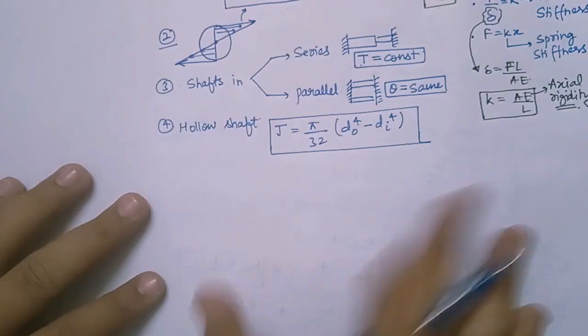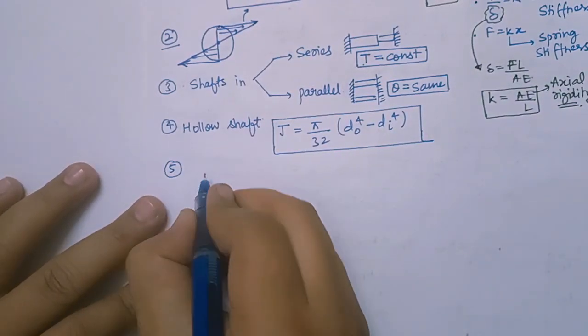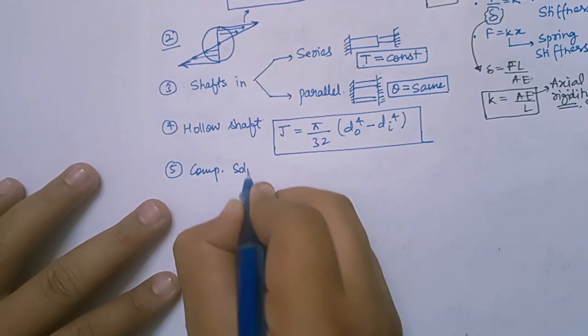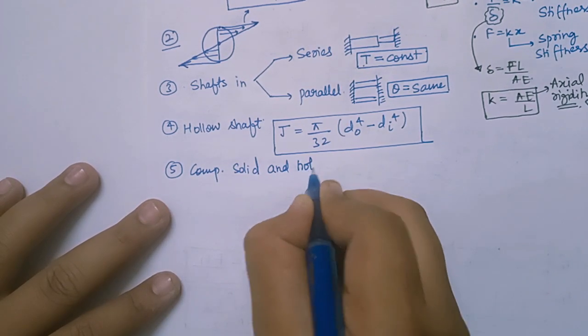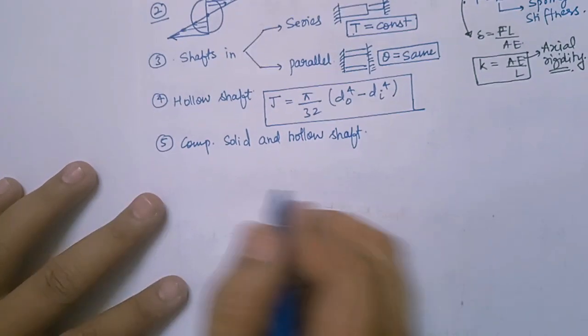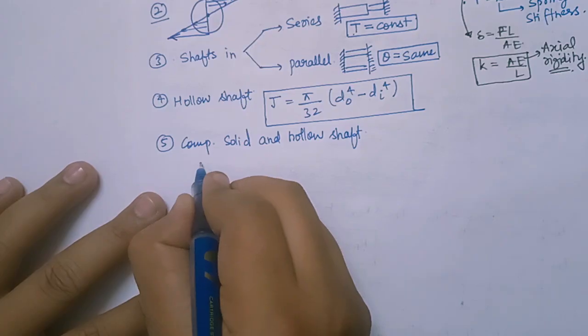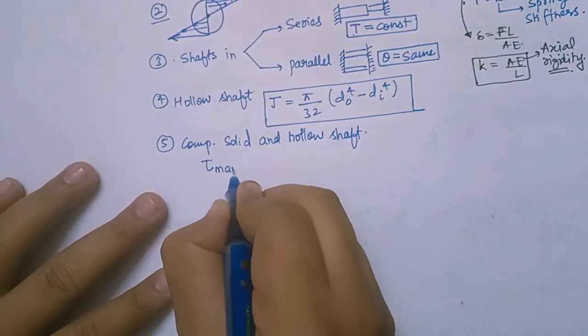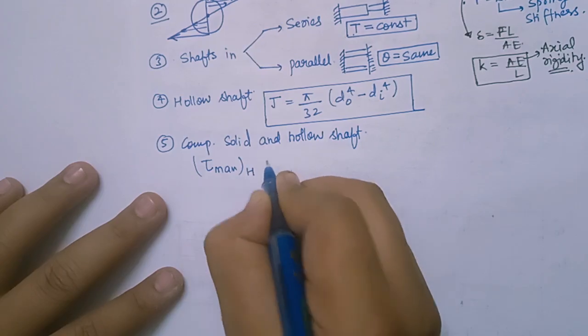Now one more important thing, that is the fifth point. Now we will compare solid and hollow shaft. I am not going to derive the things, we will just write the expressions. The maximum shear stress for hollow is what?